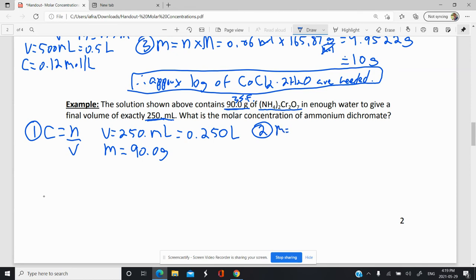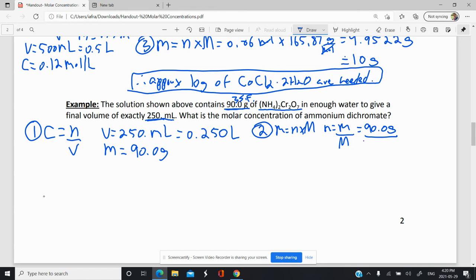So we do need to find our moles. So we know that mass is equal to moles times molar mass. So the moles are going to be equal to the mass over the molar mass, which is going to be equal to 90.0 grams over the molar mass of that ammonium dichromate. So ammonium is 14.01 plus 4.04 times 2, because there's 2 of them there, plus the dichromate, so 2 times 2 chromiums, so 52, 2 times 52, plus 7 oxygen, 7 times 16.